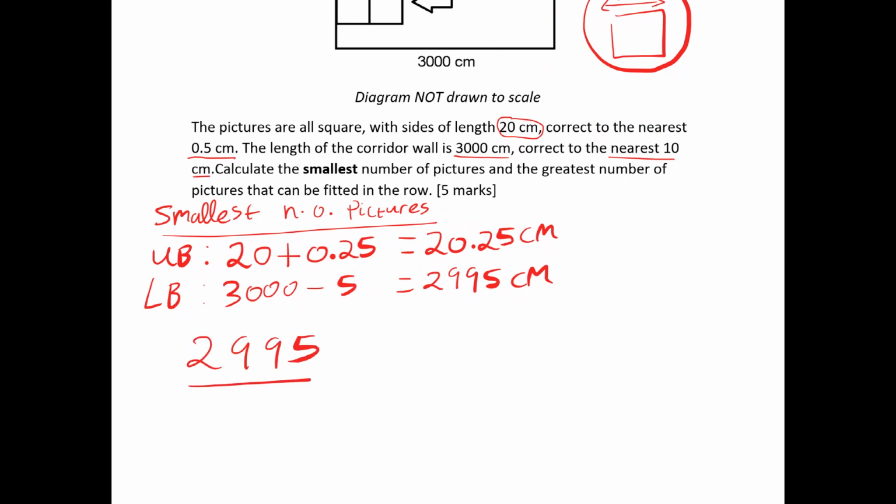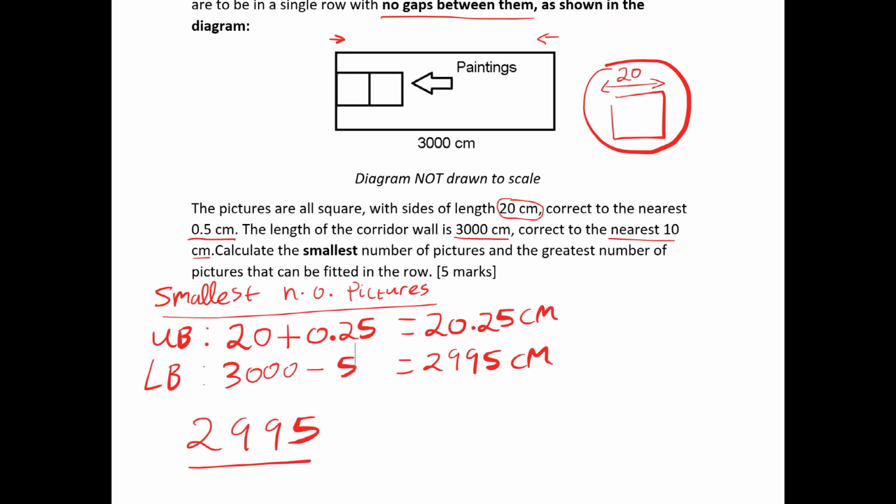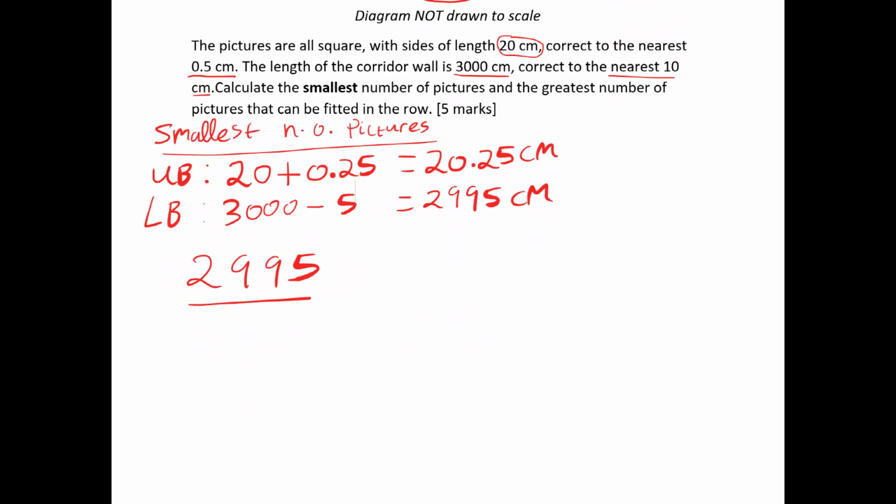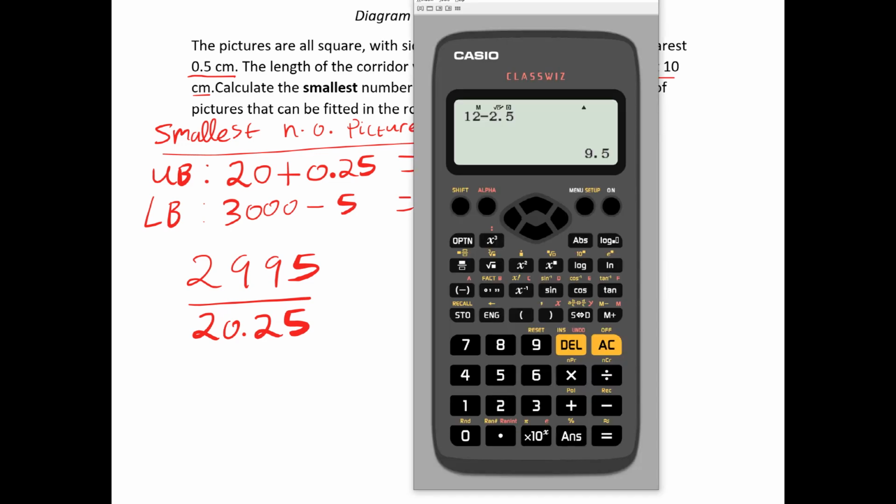To work out how many pictures would fit, we need to do 2,995 divided by 20.25, because we're trying to see how many of the pictures will fit into the space, in this case the 2,995 centimeter space. We need a calculator for this. And that gives you 147.90.